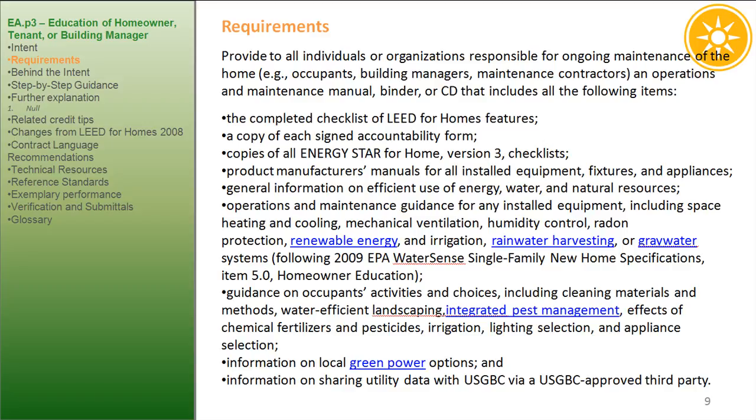Guidance on occupants' activities and choices, including cleaning materials and methods, water-efficient landscaping, integrated pest management, effects of chemical fertilizers and pesticides, irrigation, lighting selection, and appliance selection. Information on local green power options, and information on sharing utility data with USGBC via a USGBC-approved third party.